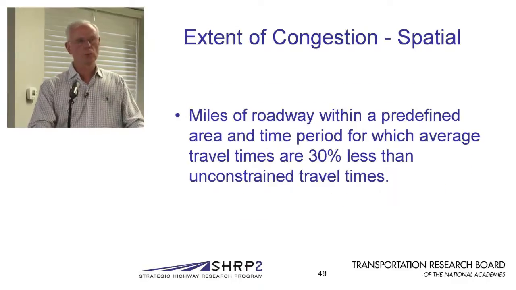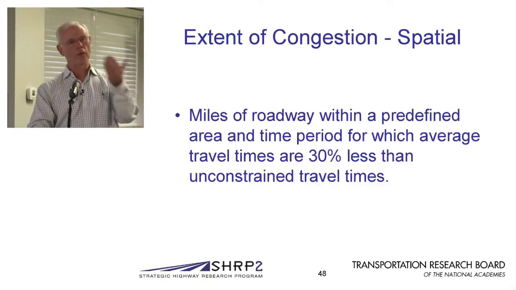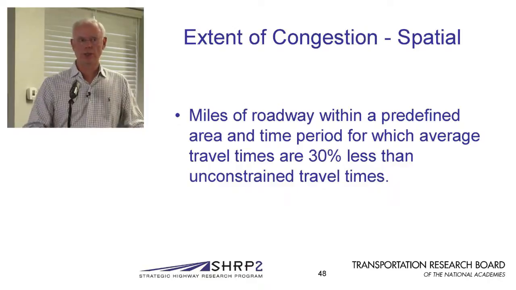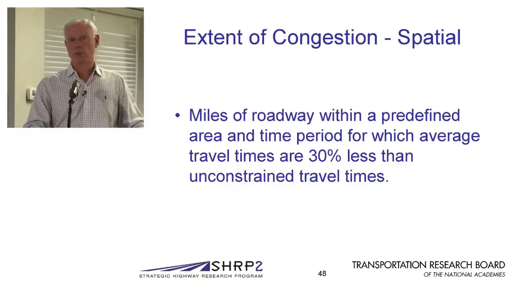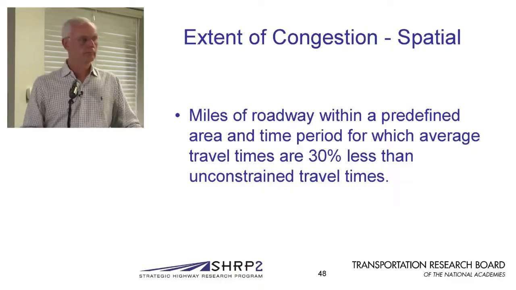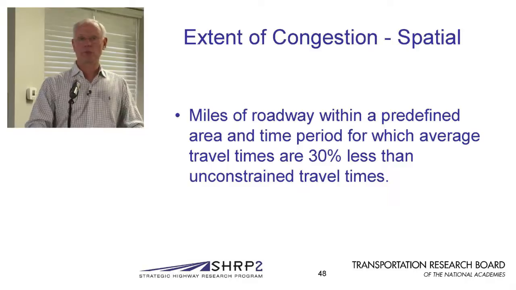There's two dimensions, if you will, of looking at how you measure the extent of congestion. One of these deals with the spatial aspect of it, how far back congestion is extending on a facility. That may have some importance, especially, for example, if you're looking at it on an arterial, you have a short block. You don't want to back up into the upstream intersection and cause even more problems. So the spatial aspect of it is important.